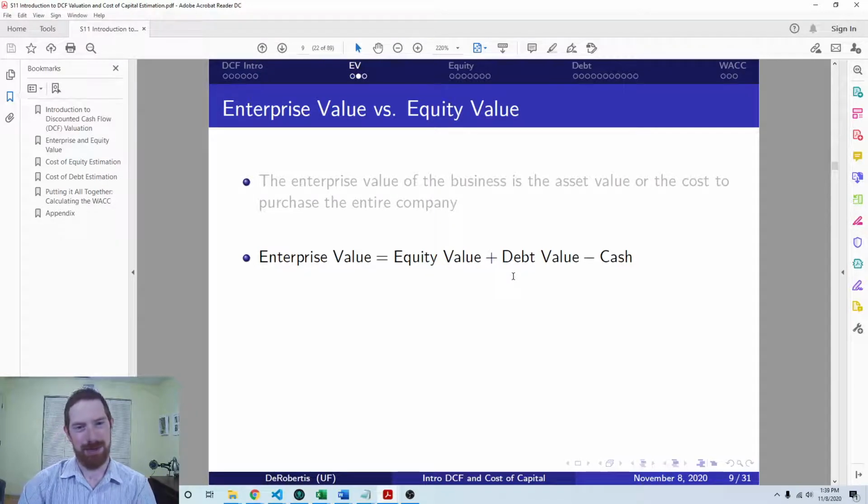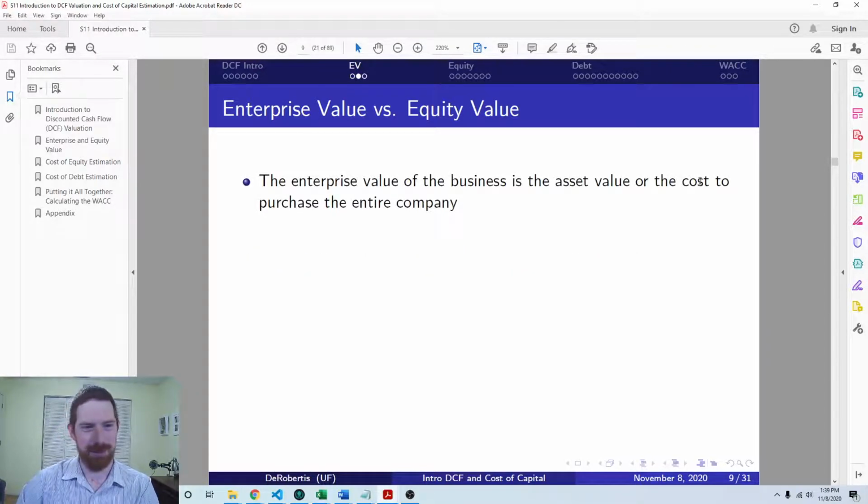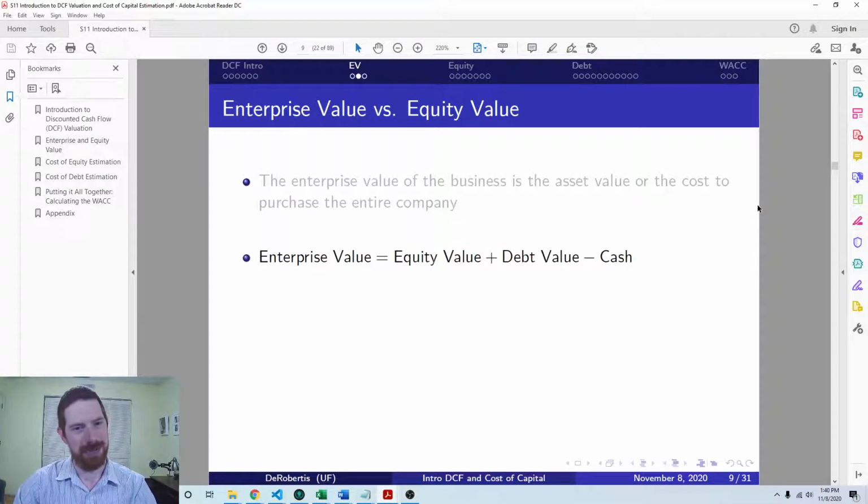And then the other way we can think about this is in terms of the acquisition price, how much someone would have to pay to own the company outright. In order to own the company outright, they have to buy out all the stockholders, but they also have to buy out all the debt as well. And so that's why these two are both getting added in.